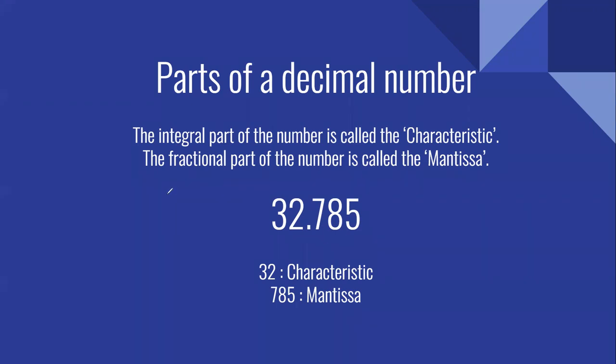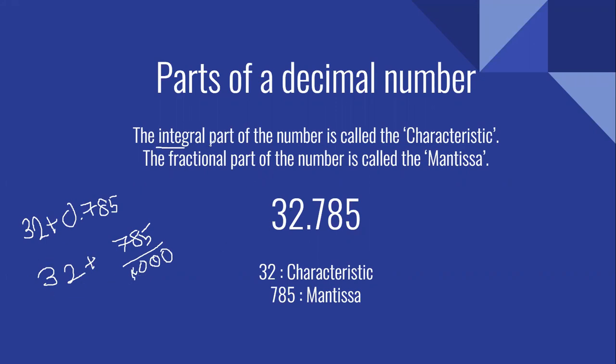Now, if I explain it to you guys, 32.785 can be written as 32 plus 0.785, which can further be written as 32 plus 785 divided by 1000. Now, here, 32 is an integer.